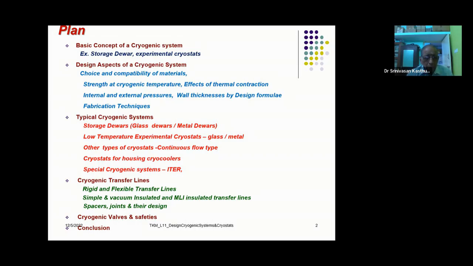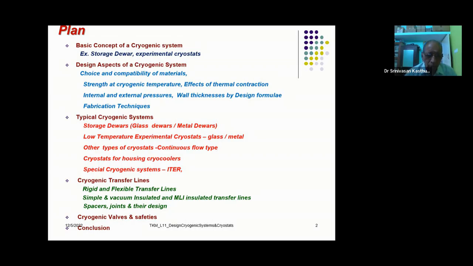Then we'll come to the experimental cryostats. Again, they can be made out of glass and metal. There are other types of cryostats, for example, continuous flow type cryostats. One more thing is that people these days use cryocoolers. As you know, cryocoolers or cryorefrigerators essentially replace your cryogenic fluids.